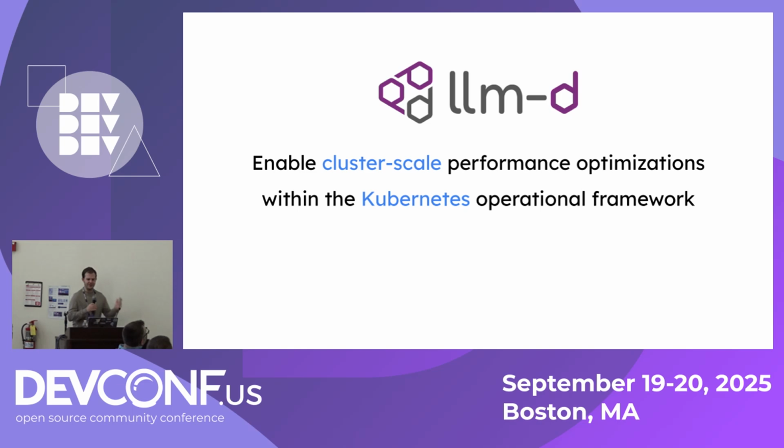So what is llm-d then? Well, just like inside of the inference server, we can take advantage of the architecture of the transformer to make things more efficient, we can apply this at cluster scale as well.